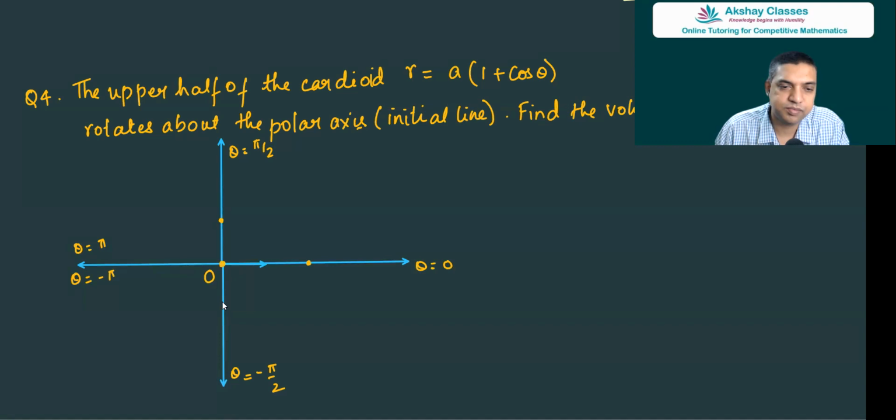And when theta equal to pi or minus pi, cos theta will be minus 1. So r will be 0. So what we get, the shape of the cardioid will be like this.